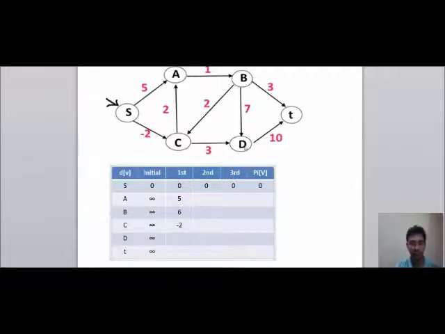B is also connected to D, the initial value of D is infinity, and B's 6 plus 7 is 13, so we can update the value of D as 13.